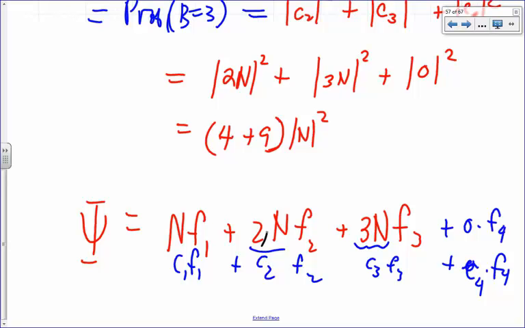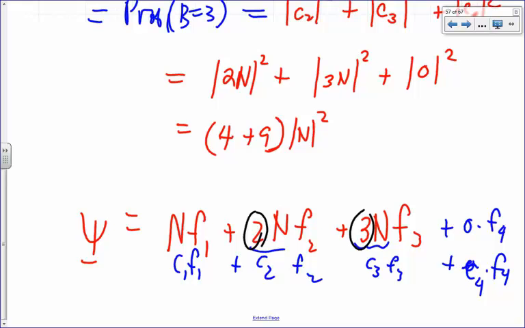The fact that this is a 2 and that's a 3 is just coincidence. Poor choice of numbers got you a little confused there. It's just the coefficient of function 2, which in this case happens to be 2N, and the coefficient of function 4 is 0.